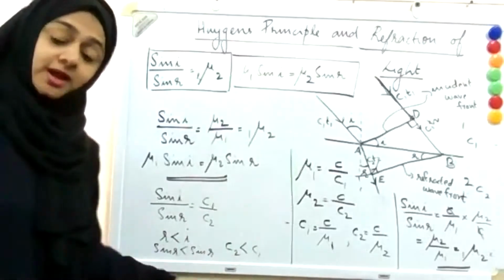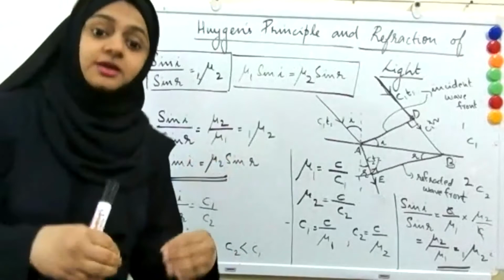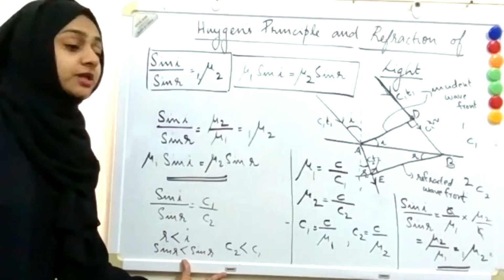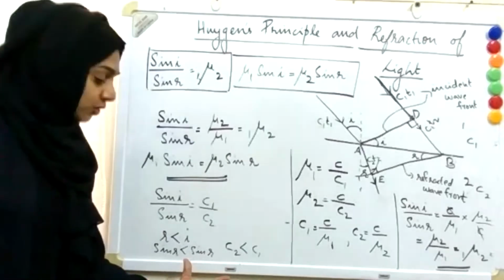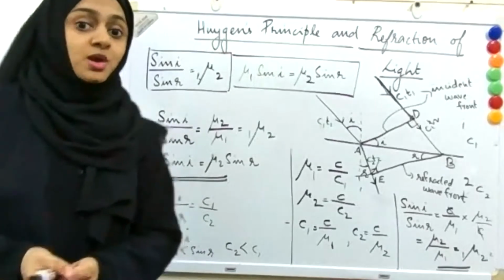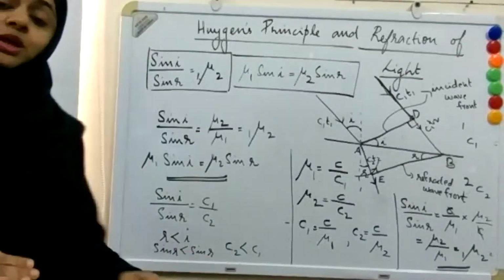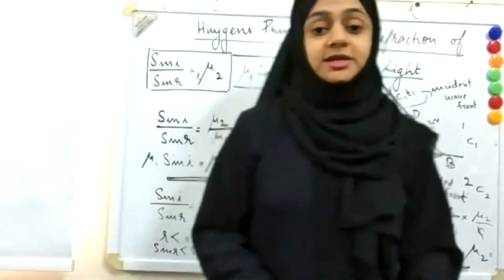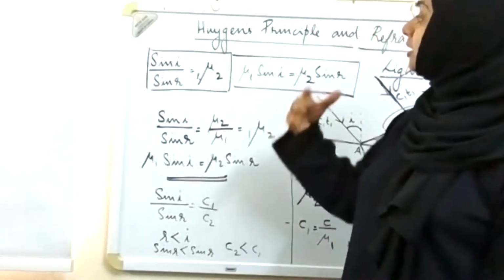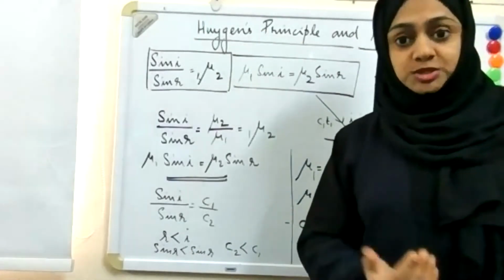So the concept that the light ray will travel with less speed in a denser medium naturally comes from the wavefront concept of Huygens. This could not be explained by Newton's corpuscular theory, while Huygens' principle could explain the fact that when light travels through a denser medium, its velocity is reduced. So this is one additional advantage of Huygens' principle compared to the corpuscular theory.